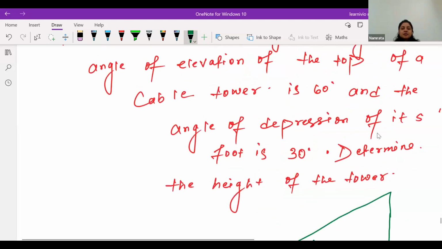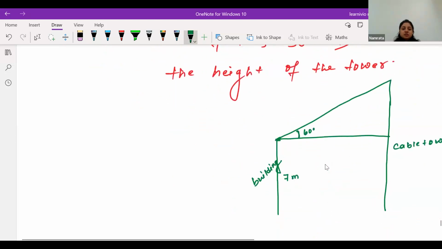Now it says that the angle of depression of its foot. So the top of the building is having the angle of elevation and the foot is having the angle of depression.